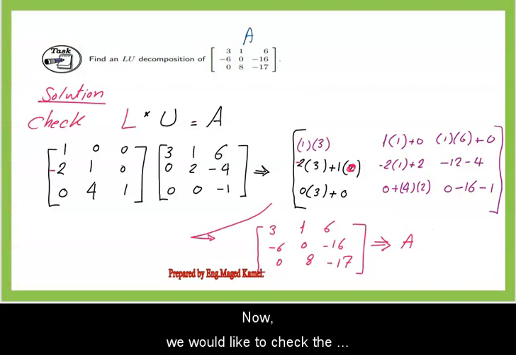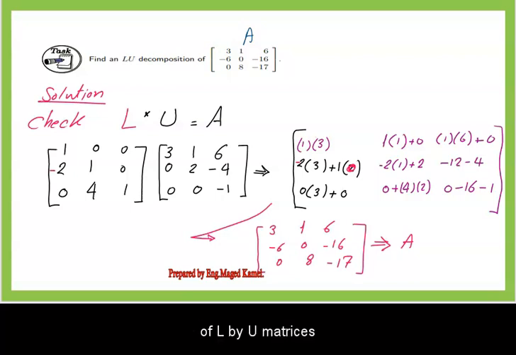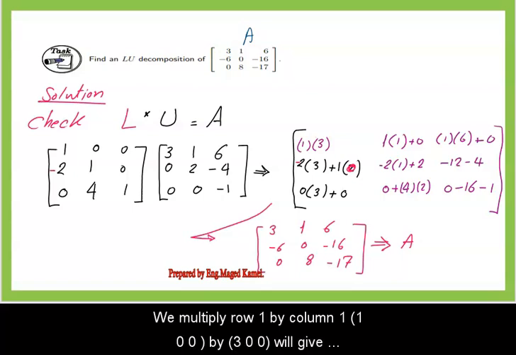Now we would like to check the expression of L multiplied by U equals A. We will perform the row-column operations of the multiplication of the lower matrix L by the upper matrix U. We multiply row 1 by column 1. So we multiply 1, 0, 0 by 3, 0, 0.